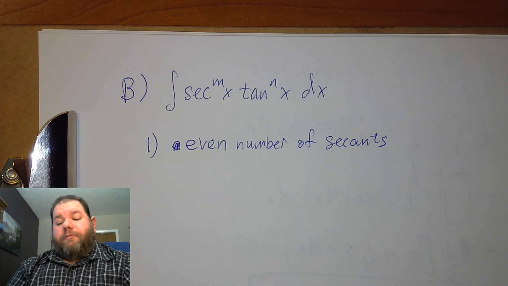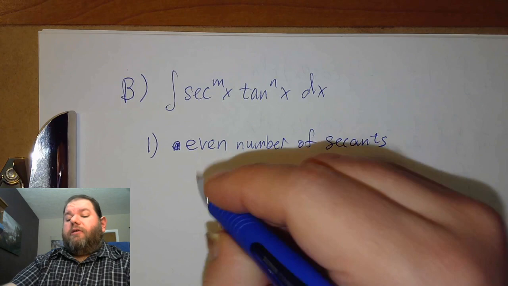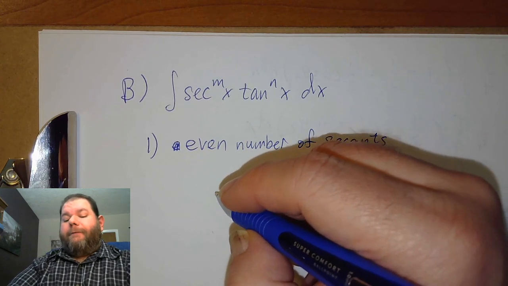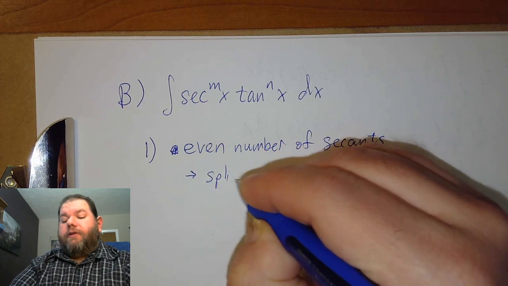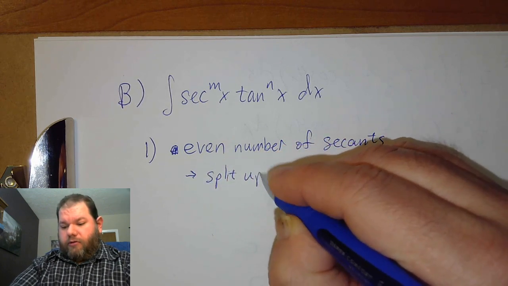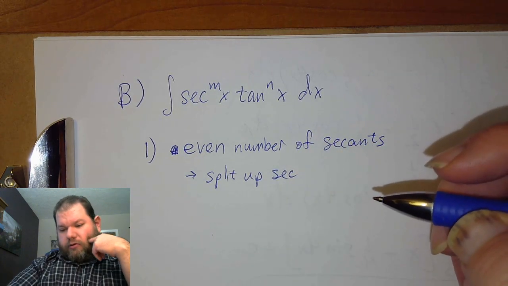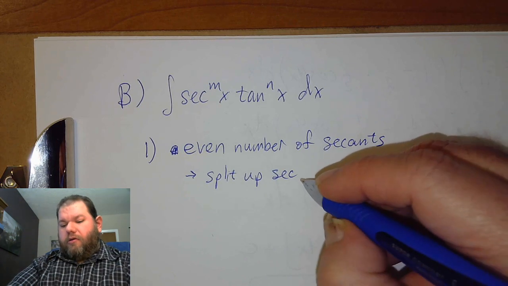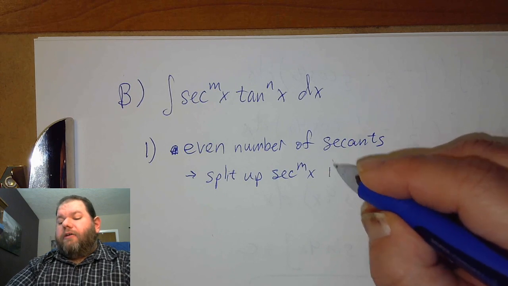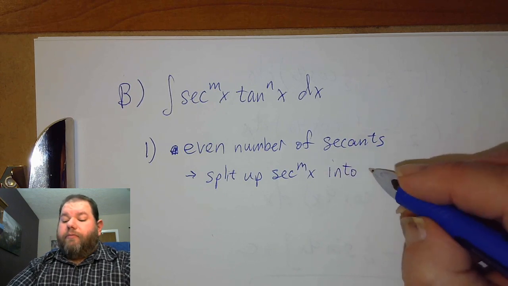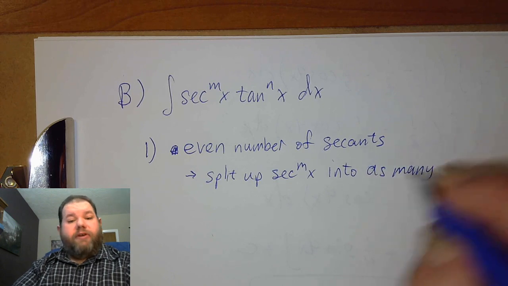If we have an even number of secants, so m is even basically, in this case we split up secant to the m x into as many secant squares as we can get.